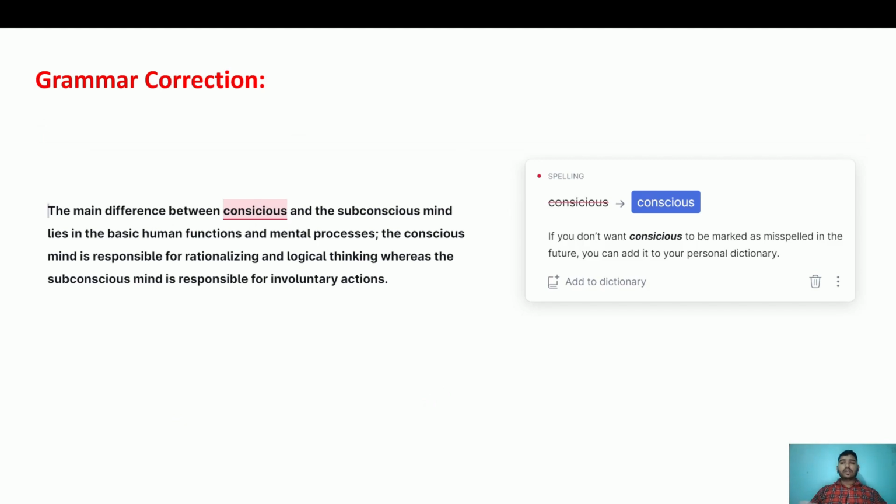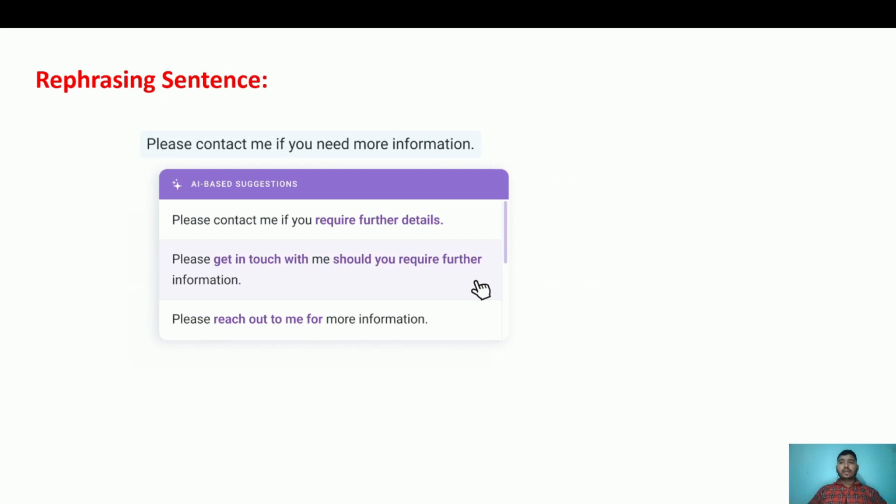Another is grammar correction. Here you can see the spelling of "conscious" is wrong, so it suggests the right spelling. Another use case is rephrasing sentences. Take the example "Please contact me if you need more information."